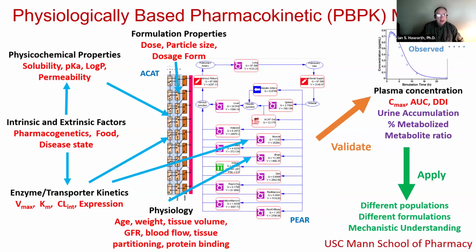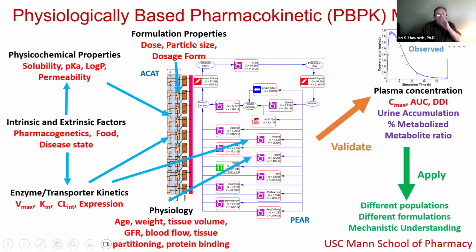So here now is a depiction of the PBPK modeling process, and again, lots of detail here that I won't go through, but just to make the point that broadly there are parameters that represent the molecular behavior of the drug, the physical chemical properties.